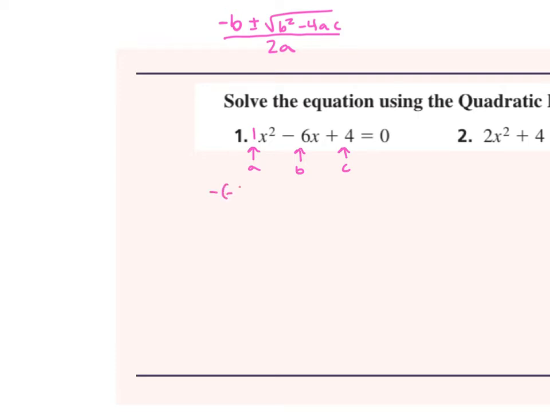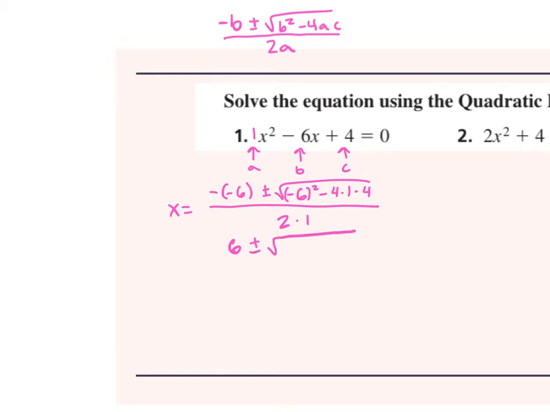So we have negative 6 plus or minus the square root of negative 6 squared minus 4 times 1 times 4, over 2 times 1. Now we simplify. Negative negative 6 makes this a positive 6 plus or minus the square root. Negative 6 squared is 36, minus 4 times 1 times 4, which would be minus 16, over 2 times 1, which is 2.